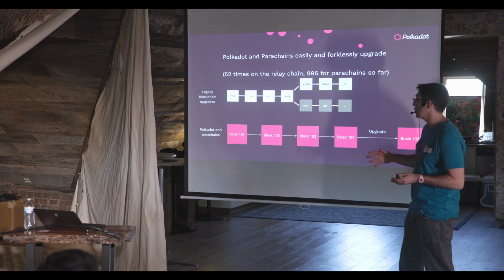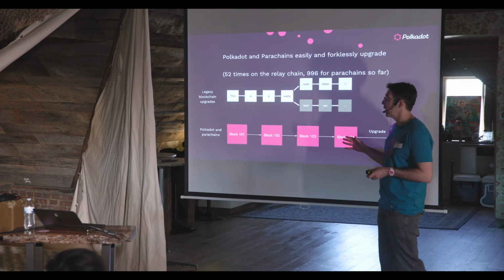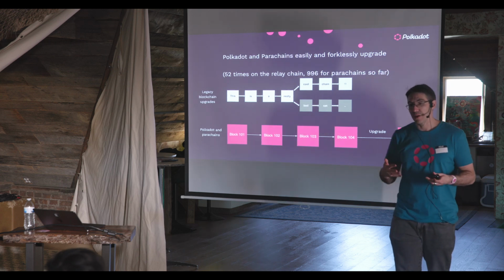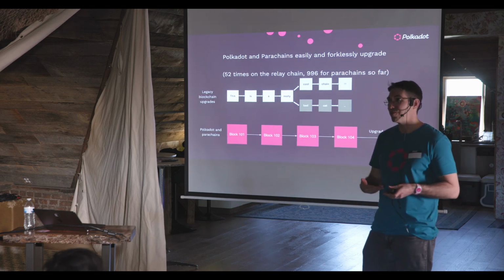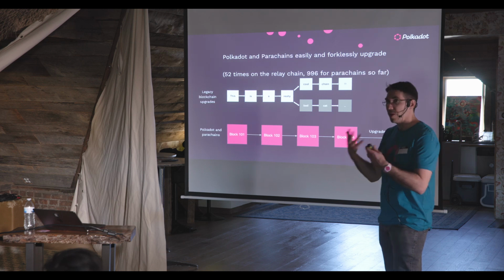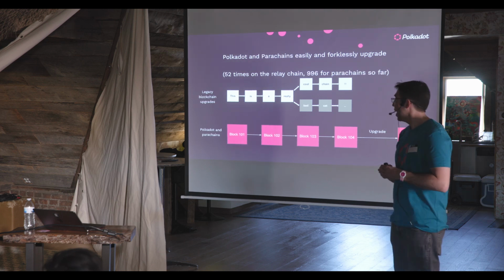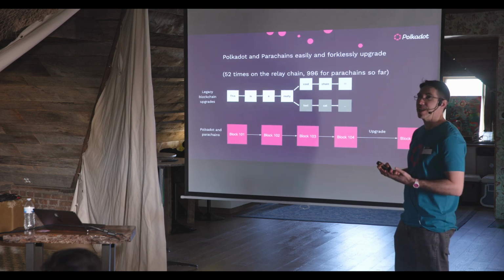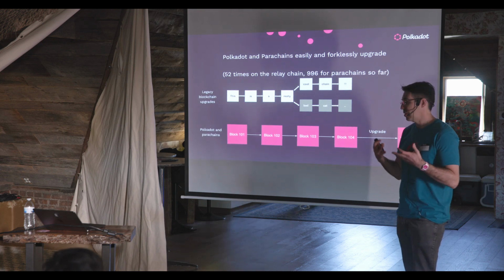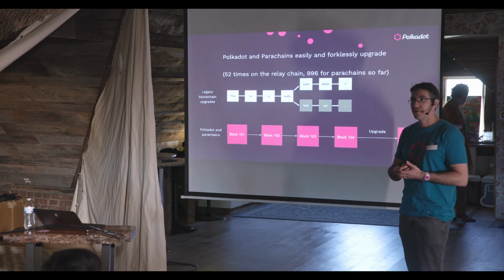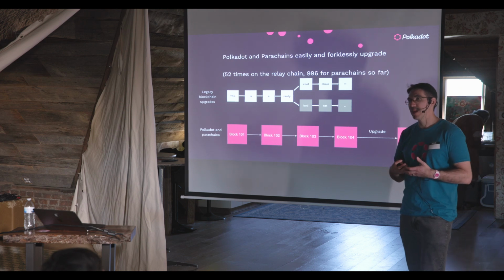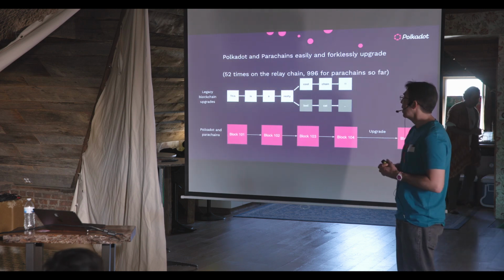So we don't need a fork. It's much easier to upgrade. If you look at Bitcoin, they generally only do really soft forks, or Ethereum with its hard forks. They happen very rarely, or even Monero, and any chain you can think of. Upgrades tend to be a difficult process.